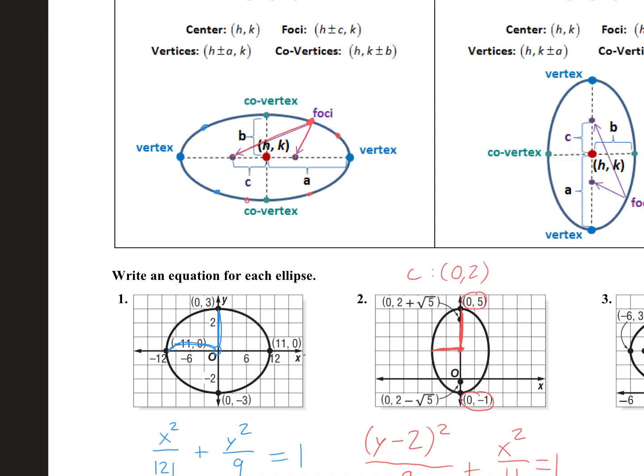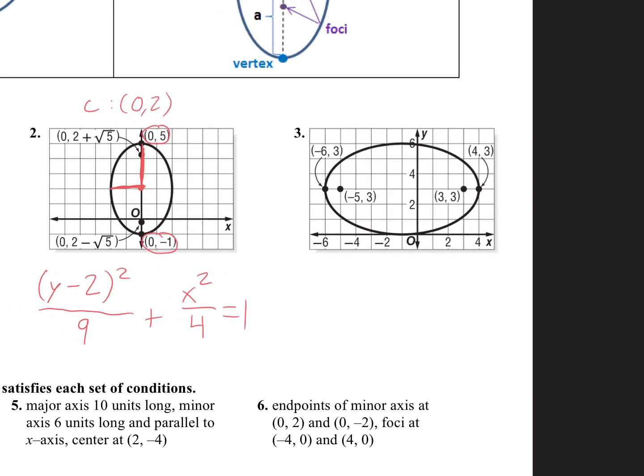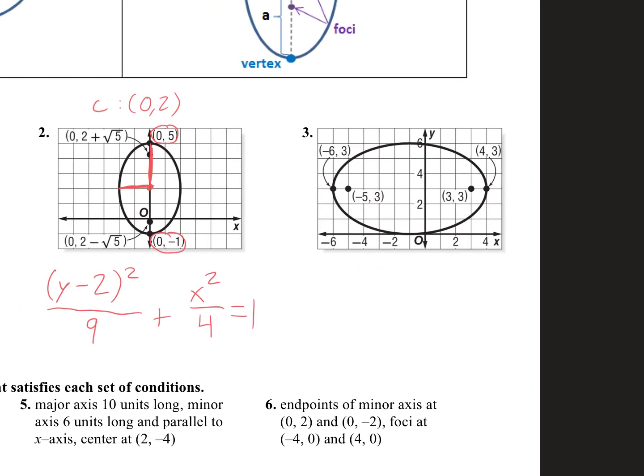So if I pick another point on the ellipse, let's say right here, and if I find the distance to the two foci, that sum is always the same, and that sum happens to always equal 2 times a. All right, so the foci are given, and the foci are always on the major axis. We'll talk about major axis a little more when we get to number 4.